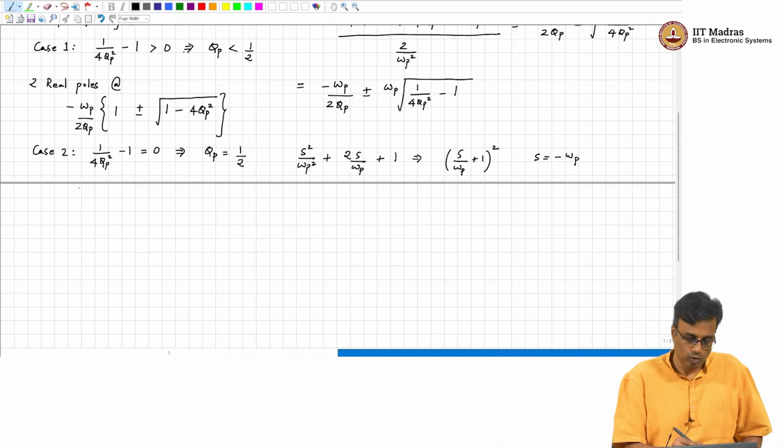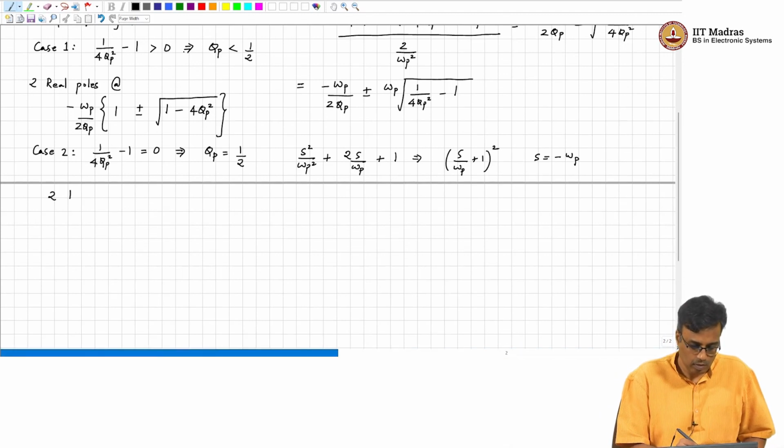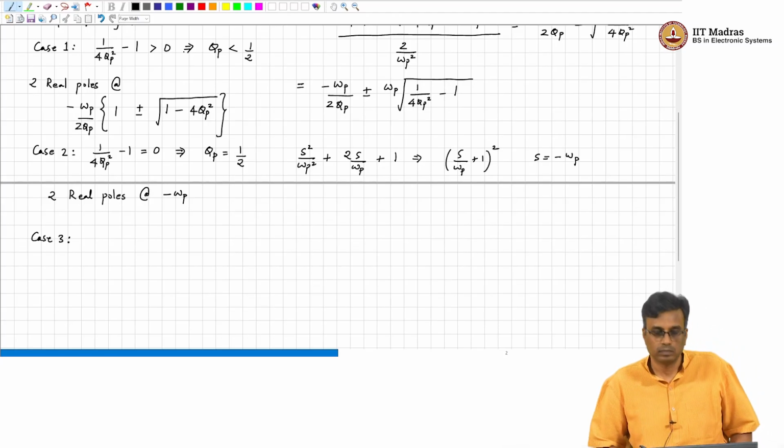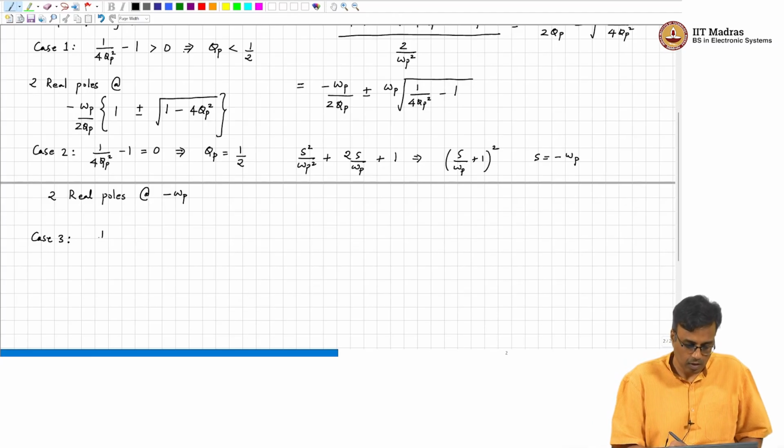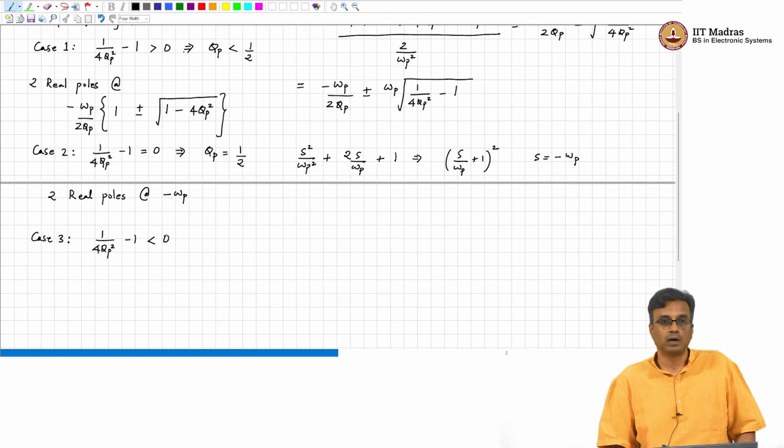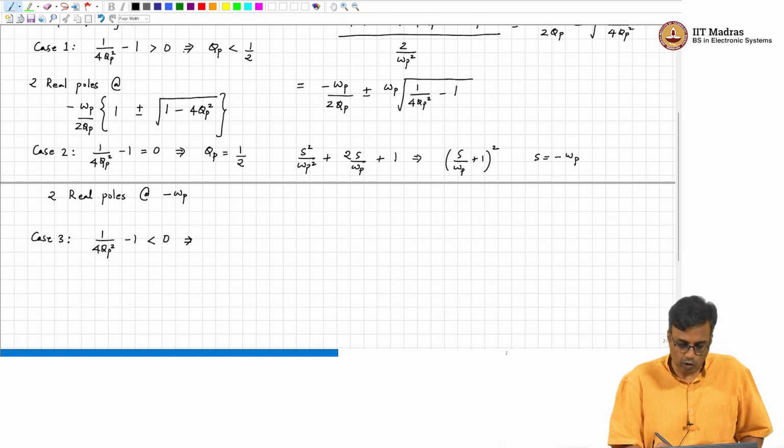Now, real poles at minus omega p. Now, case 3 is when 1 by 4 Qp square minus 1 is less than 0, correct, which means that Qp is greater than half.